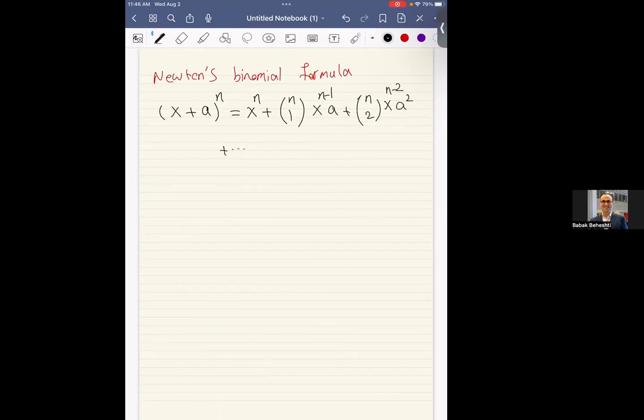You continue until you get to n choose n minus 1 times x times a to the power n minus 1, plus the last term, which is a to the power n.